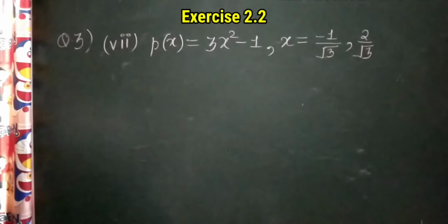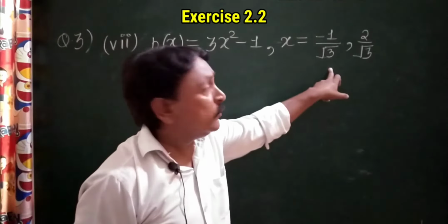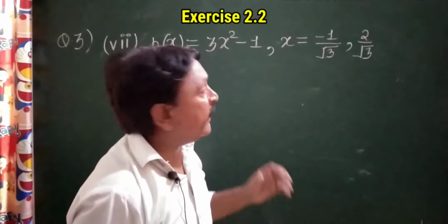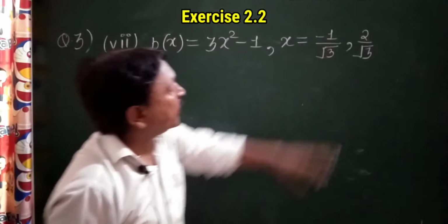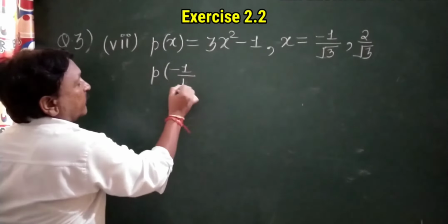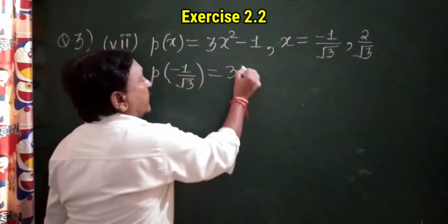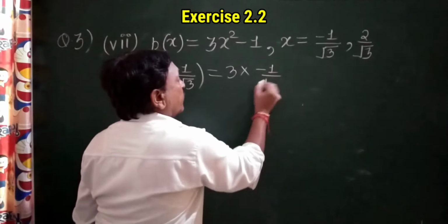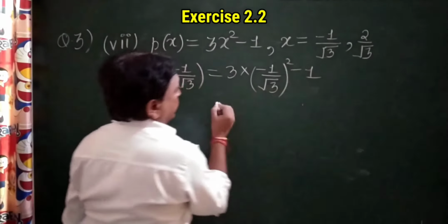Okay students, now see part 7. In part 7 again two values are given for x. So we have to substitute them one by one and check. First of all, we will put in place of x minus 1 upon root 3. P of minus 1 upon root 3 is equal to 3 into minus 1 upon root 3 whole square minus 1.